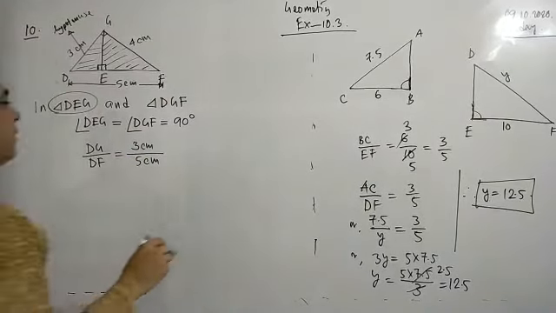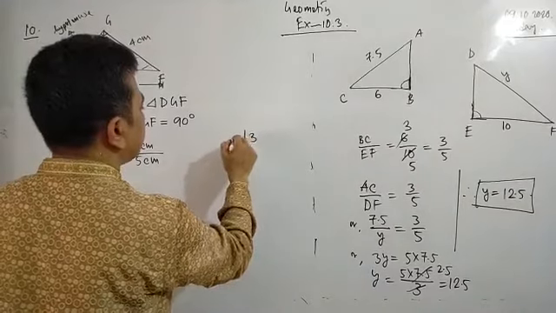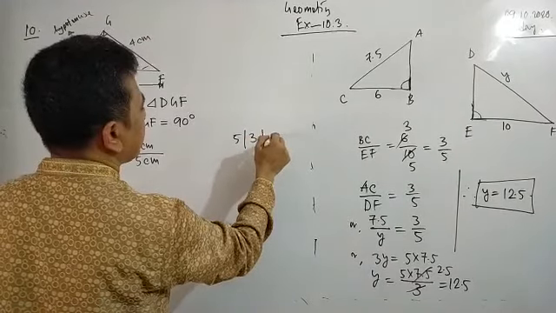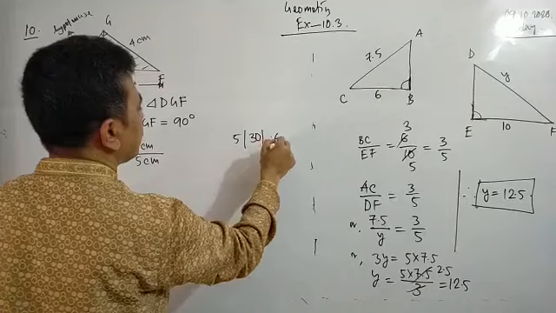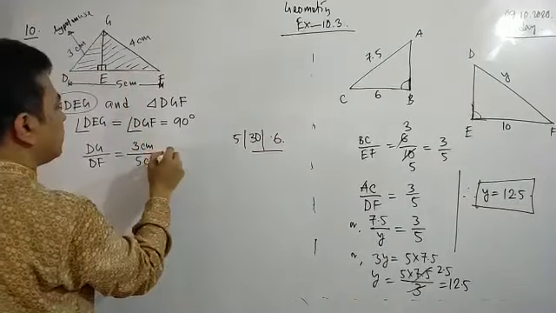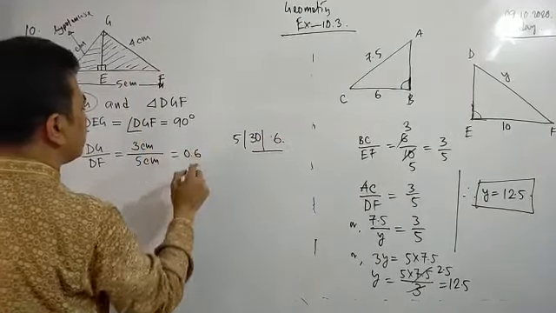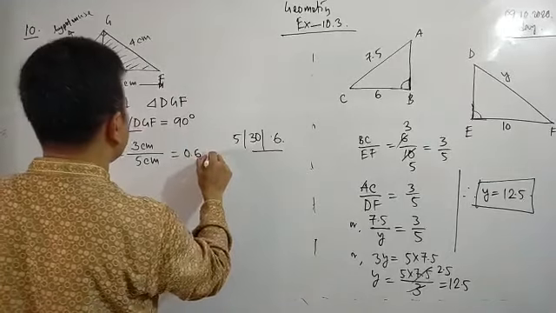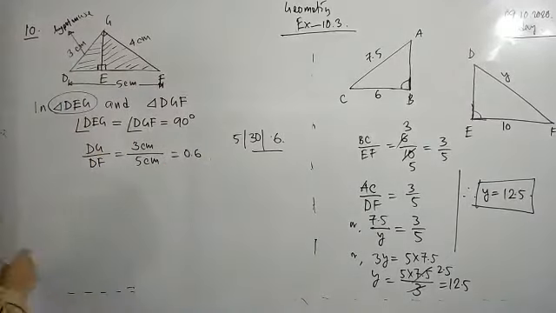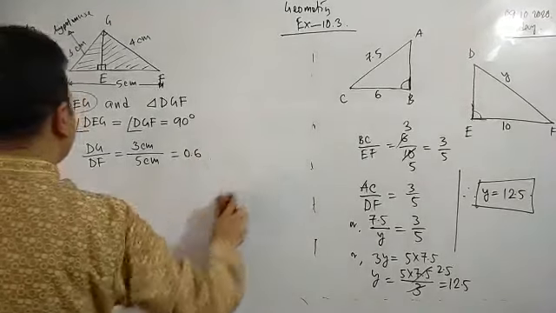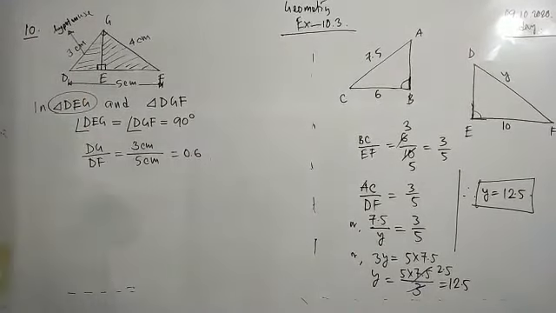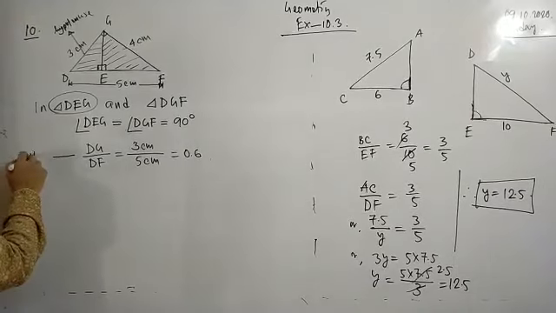So if we divide 3 by 5, what is it? It is 0.6. So we can write the ratio as 0.6. Already we have the ratio of hypotenuse.